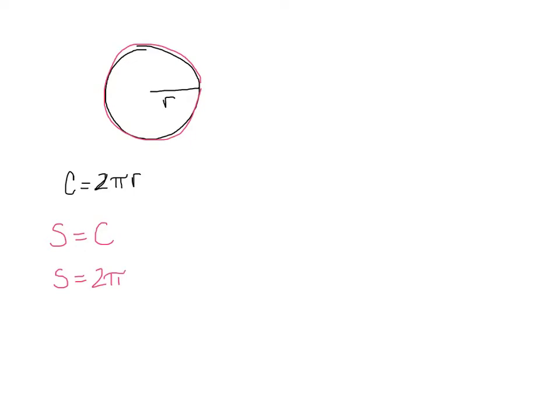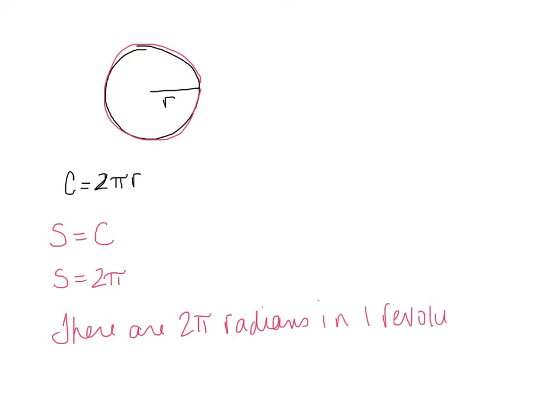What that tells us is that there are 2 pi radians in 1 revolution, or in 360 degrees.